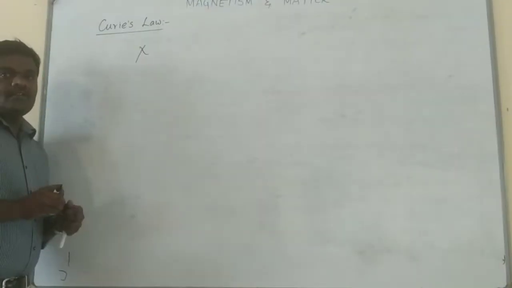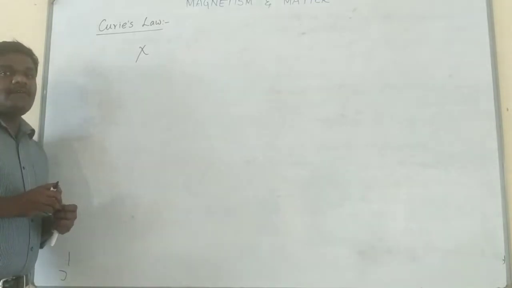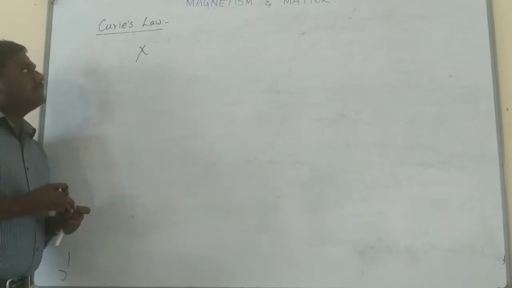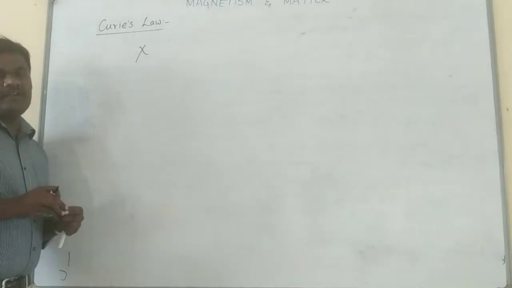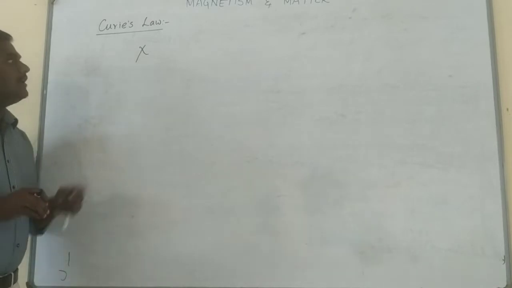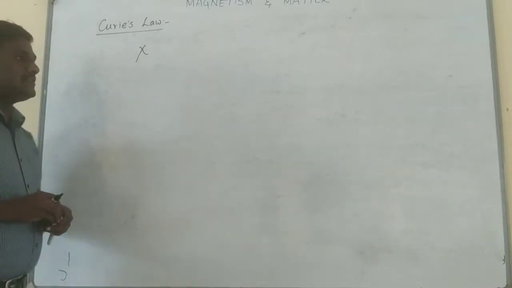This is a quantity which represents the acceptance of a magnetic material towards magnetism. So higher the magnetic susceptibility, higher the acceptance of the magnetic field; lower the susceptibility, lower the acceptance. And for diamagnets, this value is negative because they are repelled by magnetic fields.